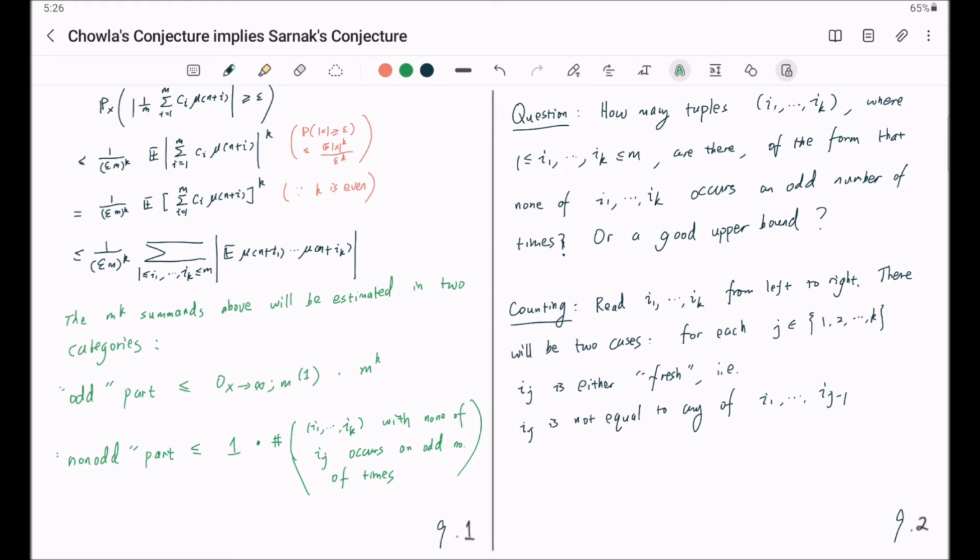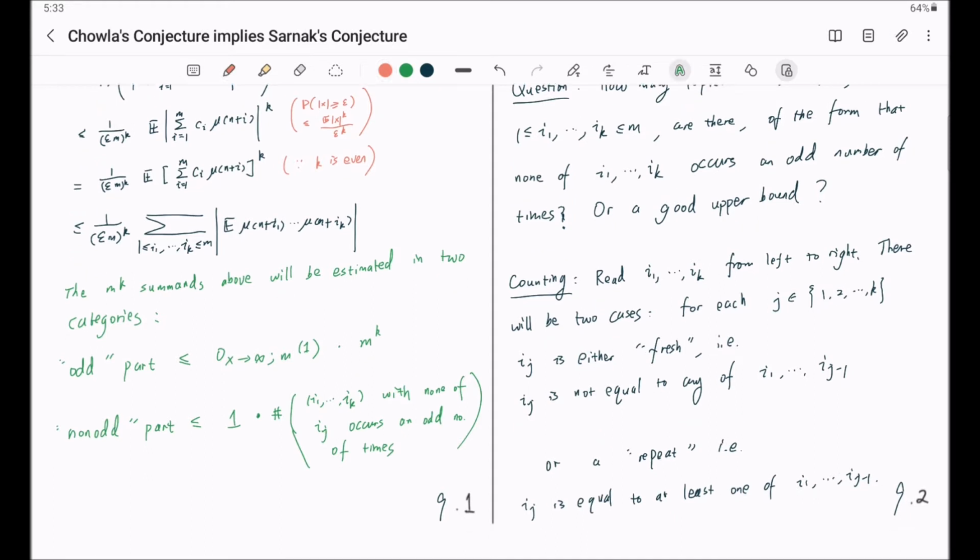It's the new one. Or a repeat. This means it is equal to one of them. Or I should say at least one of them. So there are two cases. Now we are interested to know how many choices we're going to have for each of those two cases.